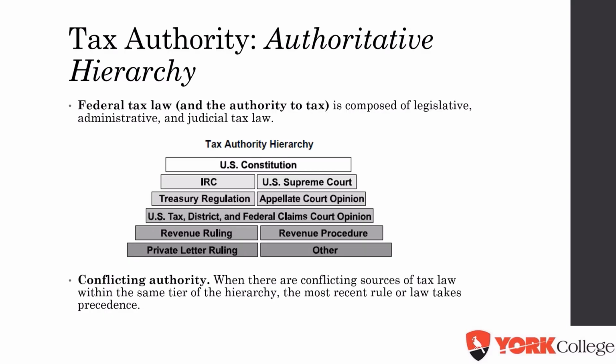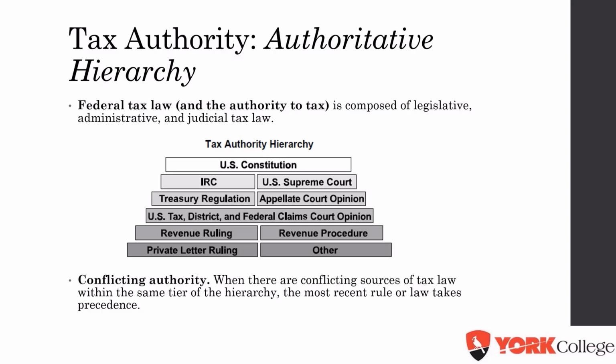Moving on. Here we have the authoritative hierarchy for federal tax law and its authority to tax. It's composed of legislative, administrative, and judicial tax law. I'm not going to go into detail about this tax authority hierarchy here because we're going to be covering this in the next few slides.